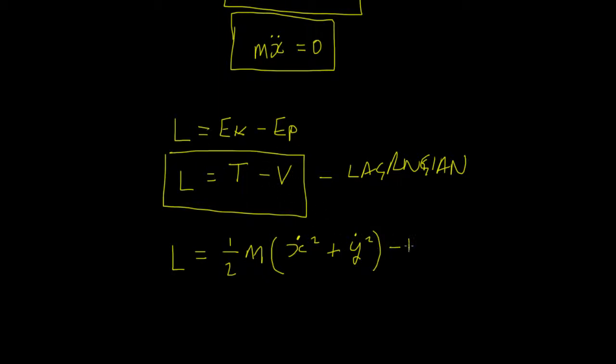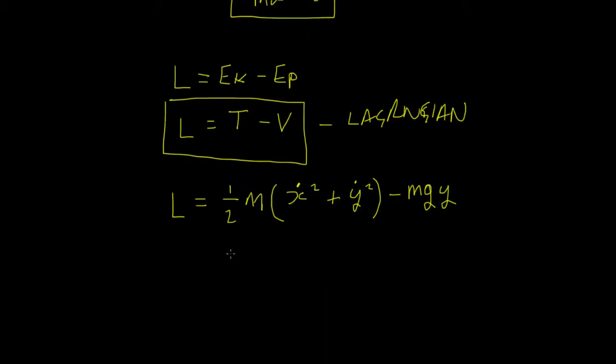The potential energy is mass times gravity times the height. Well, the height in this instance is given by our coordinate y. So we want to use this and the Euler-Lagrange equation.